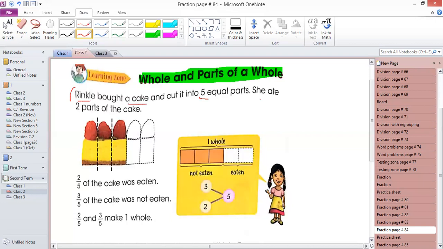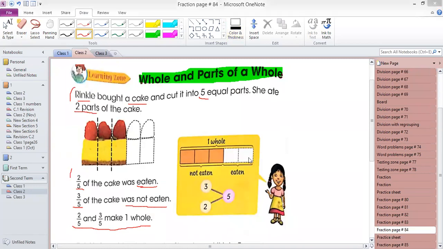She ate 2 parts of the cake. 2 of 5, 2/5 of the cake was eaten. 3/5 of the cake was not eaten. 2/5 and 3/5 make 1 whole. That's very good. Thank you, Ahmad.